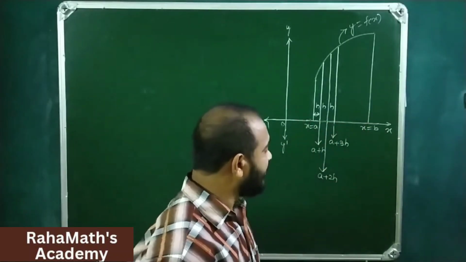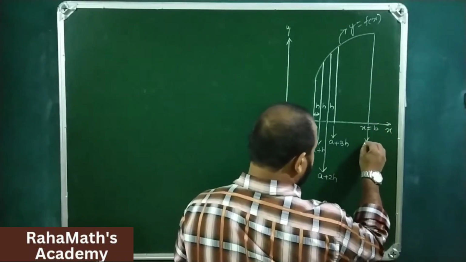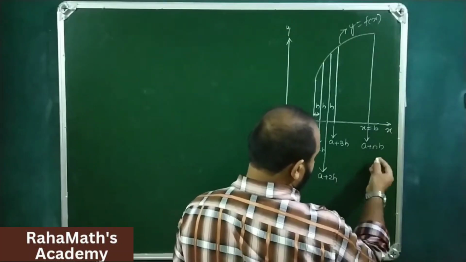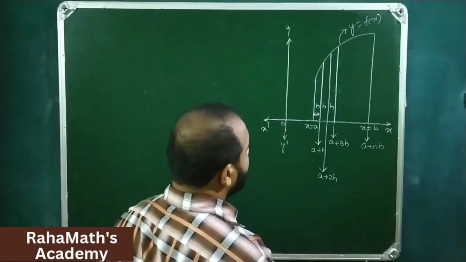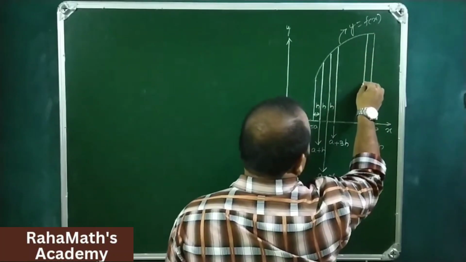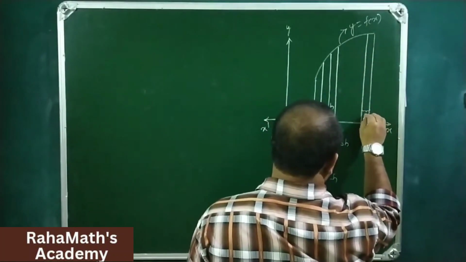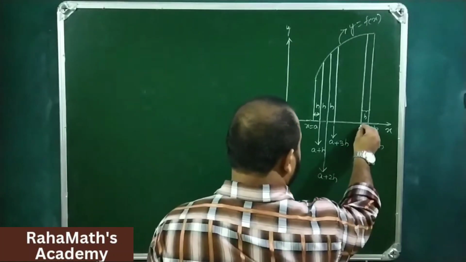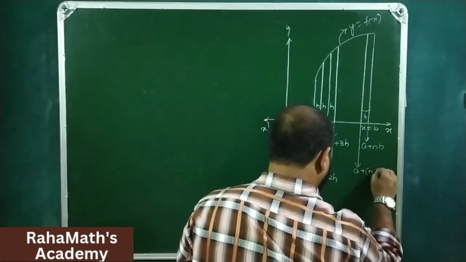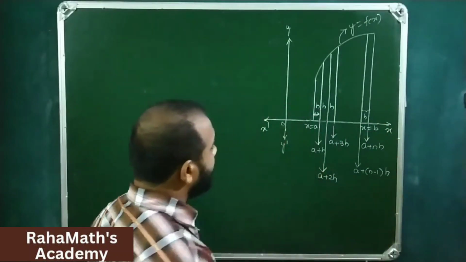Since n rectangles are there, the last rectangle will be how much? a plus nh. What is this? x equals b. And if I take the previous rectangle, this width is also h, and this is a plus n minus 1 into h. So like this I split.